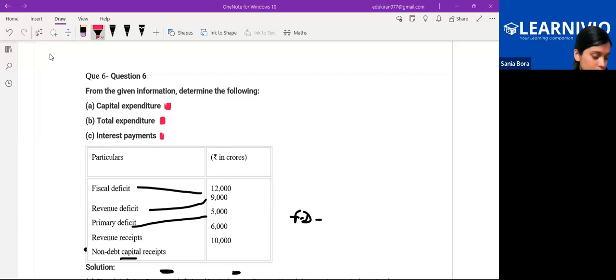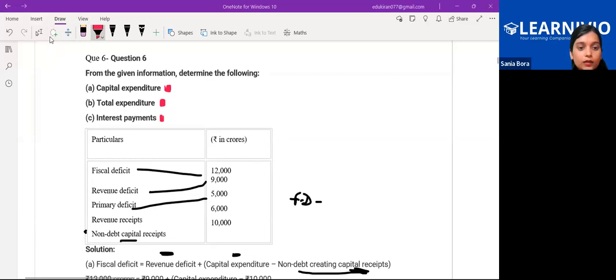Fiscal deficit will be 200,000 equals to revenue receipt. My revenue expenditure is not given, but revenue deficit is given. For capital, we have to find the capital expenditure, but they both are not given. Revenue receipt, non-debt capital receipt. You just put non-debt capital receipt as borrowing. This is another name for borrowing.